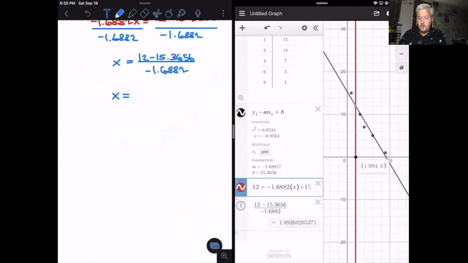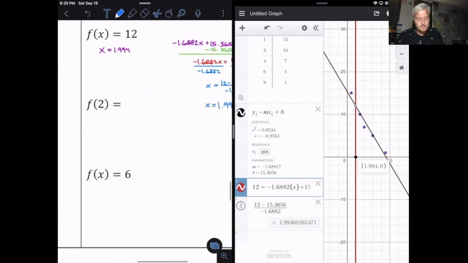We have 1.994 over here on the graph, and over on the Desmos notepad, we have 1.9936. Those are both really good answers, so I would take either one. I do prefer the decimal expansion, 1.9936, because it gives us an extra data point to use, but it's not going to make that big of a difference. Either one is acceptable.